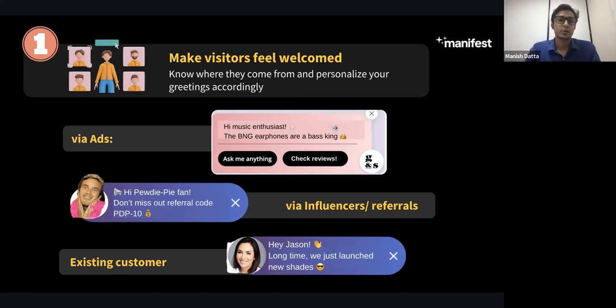Another big avenue of spending, especially in the festive season, is working with influencers and with other affiliates, right? In this case, let's say we run an ad campaign with PewDiePie. Let's have PewDiePie promoting our brand. If somebody clicks on the link shared by such an influencer and lands on the website, that is the last thing they remember.